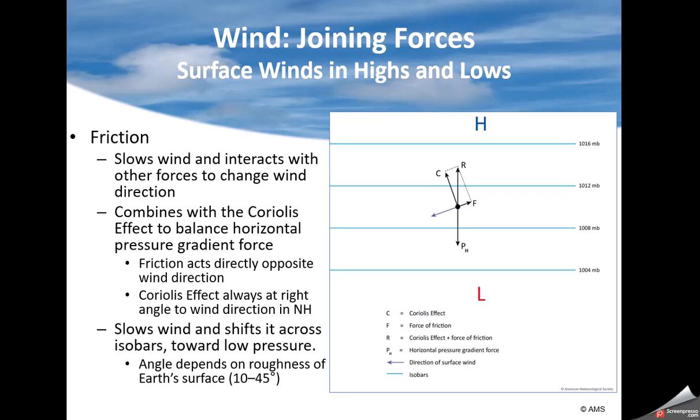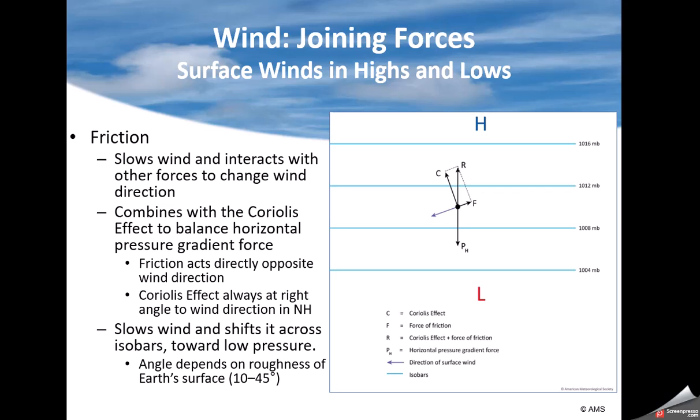All right, as we get down towards Earth, we add friction. There's more and more friction the closer you get to the ground. At the ground, there's a lot of friction. So what does that do? Well, it's going to slow down the wind. If I slow down the wind, the Coriolis impact is not going to be as great, because the Coriolis effect is based on the speed of the wind.